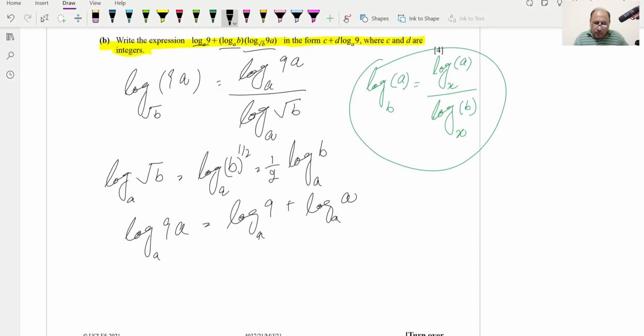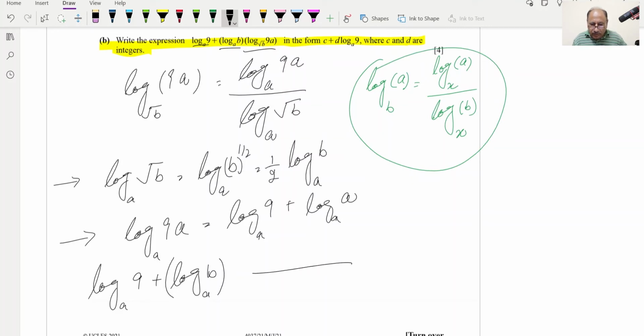Now we can use these two values in the given equation: log base a of 9 plus log base a of b, and this will be equal to what?